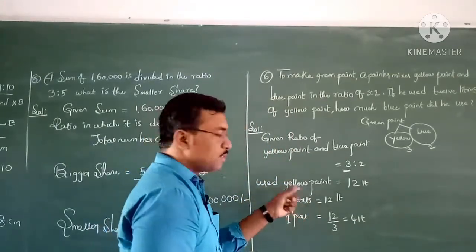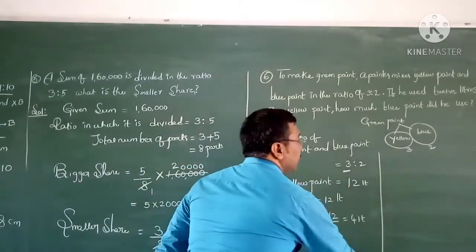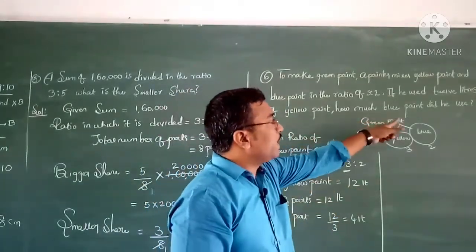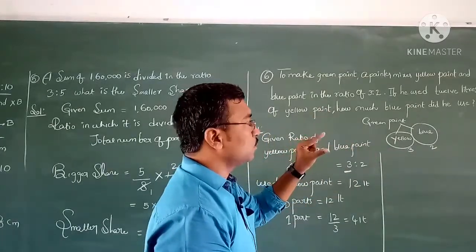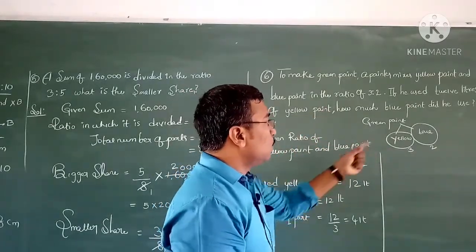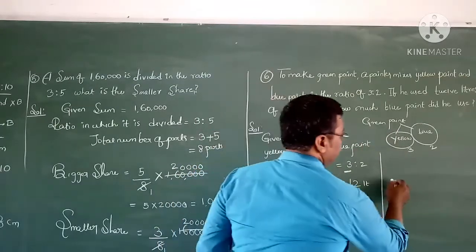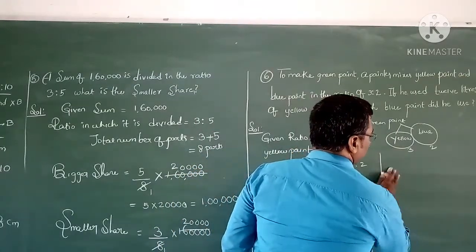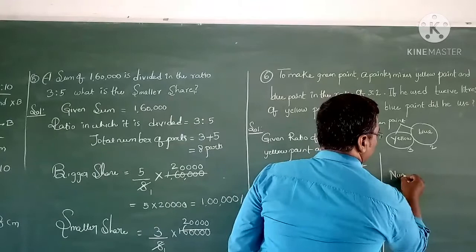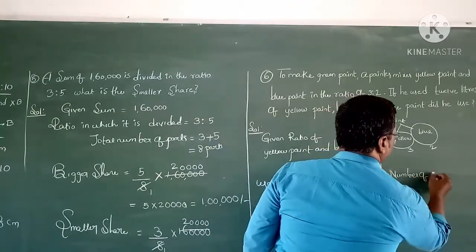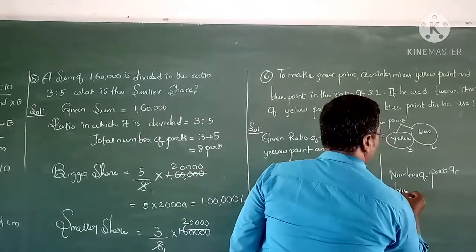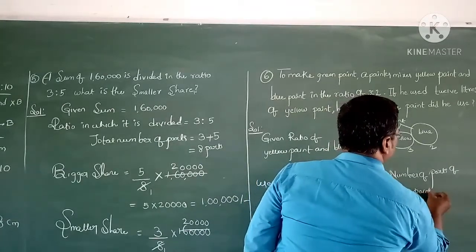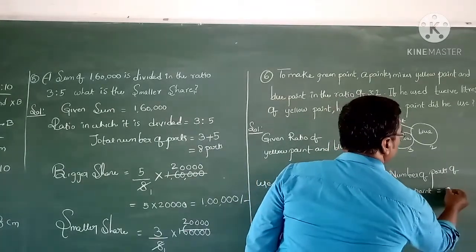So in this same manner we have to find how much blue paint he used. Number of parts of blue paint is equal to 2 parts.